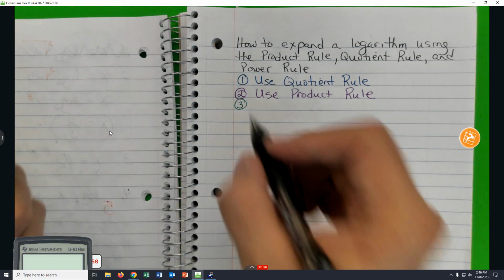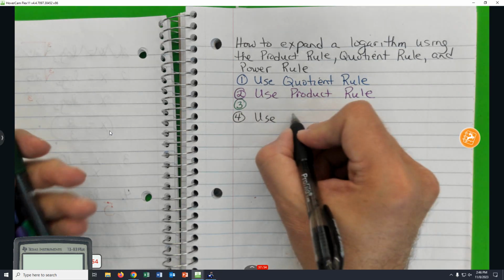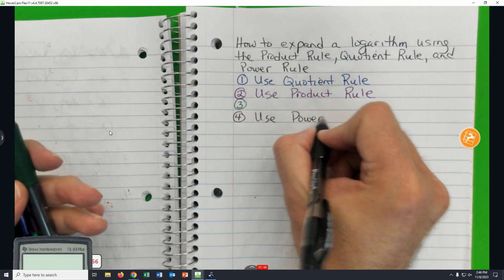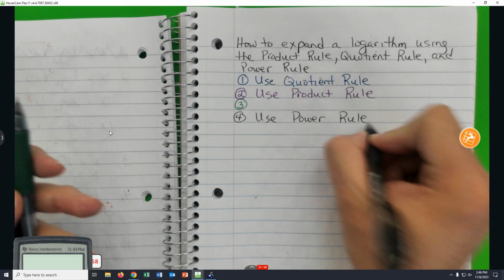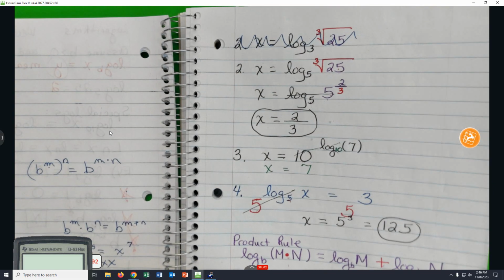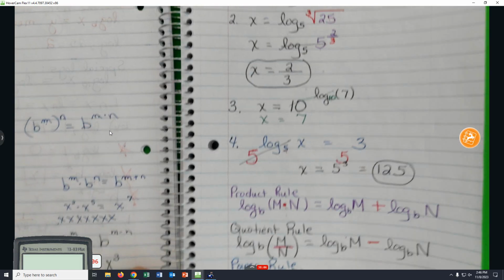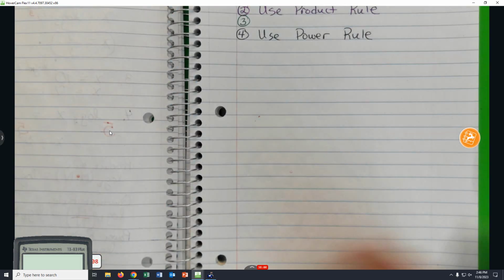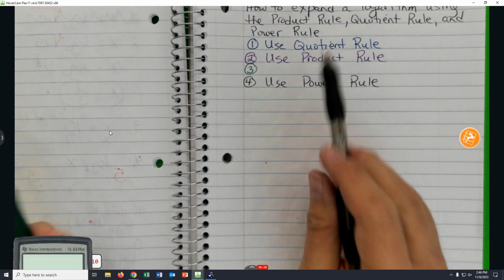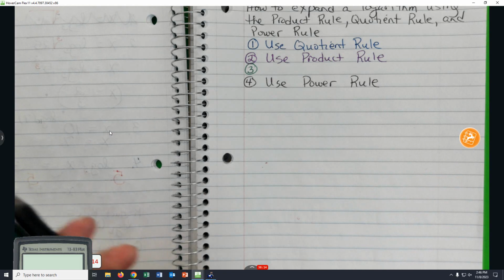And then the last thing you do is use the power rule. So I remember the semester a student told me I should have written, but I stated them, I should have stated quotient rule first, then product rule, then power rule. And yeah, I mean, maybe I should have. That's the order I'm going to go through. Quotient rule, product rule, then a third step. I'll see if y'all can figure it out, and then power rule.